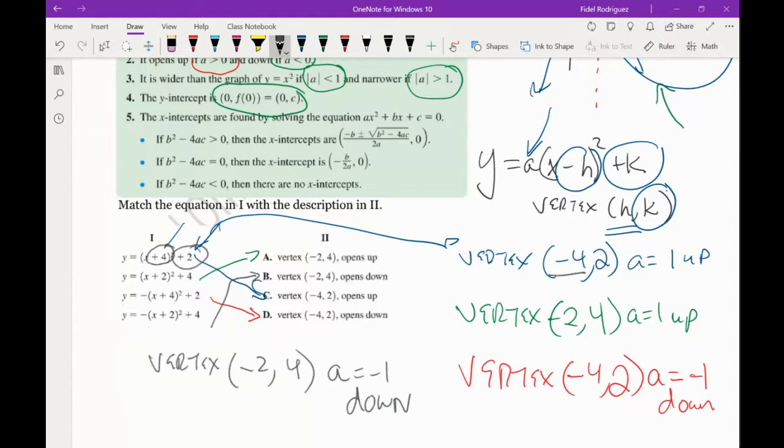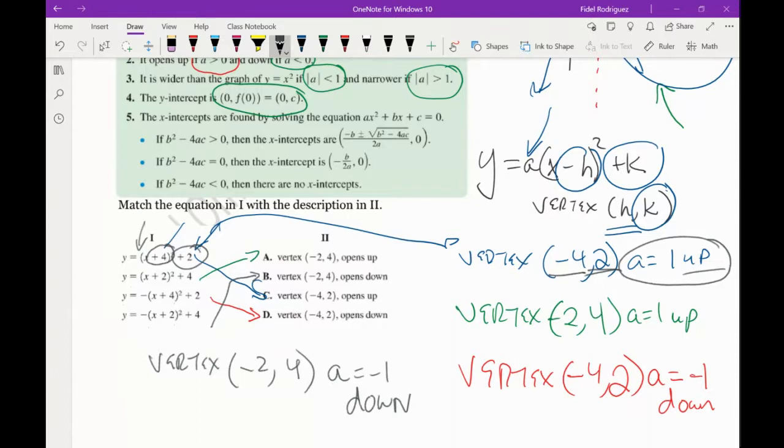Since this one here is not inside the parentheses, that one does not change, okay? And then remember, the number A is the number that's in front of those parentheses. And in our case, it was a +1, and when A is positive, my graphs are going to open up. When A is negative, my graph's going to open down, okay?